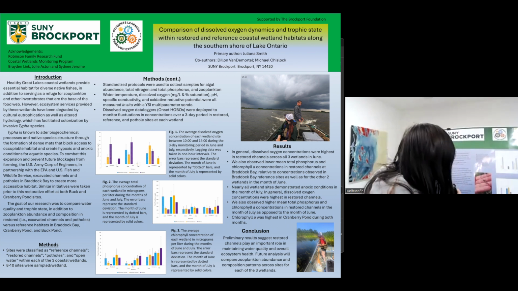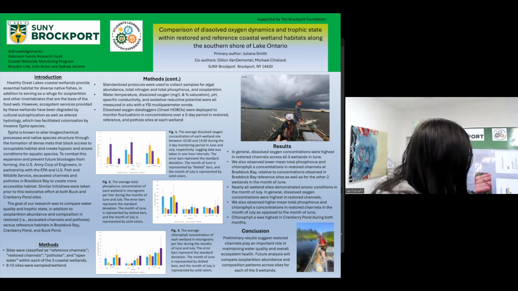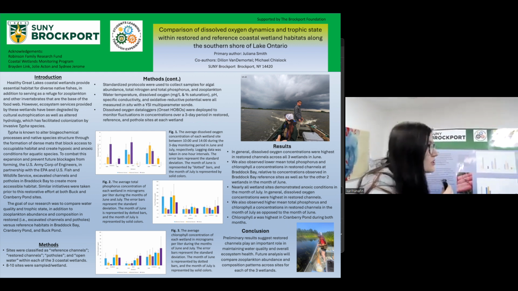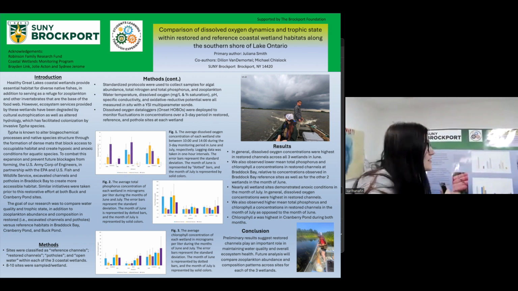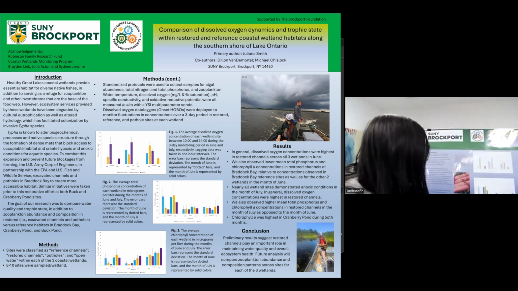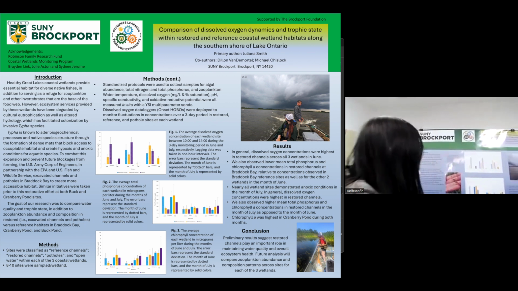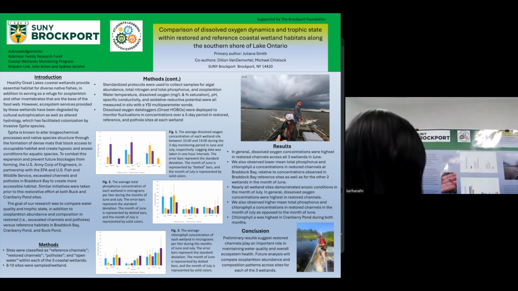In general, I'd say, again, that these oxygen concentrations were higher in the restored channels, but in June, it was more difficult to tell because it was primarily anoxic and there was no oxygen at all in a lot of these places. But I think the trend still continues in that there's still slightly more available in the restored channels, due to that seasonality shift.